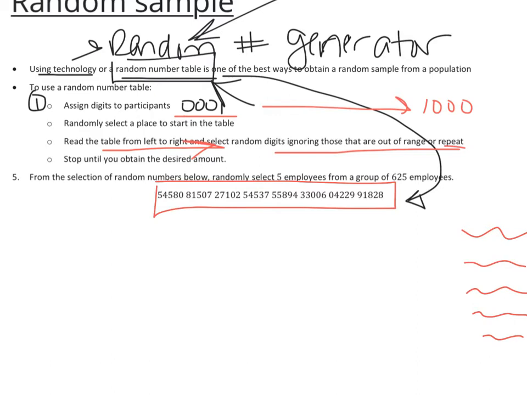So it says select 5 employees out of a group of 625. The first thing I want to make note of is that there are 625 people. So that means my top number is 625, my bottom number is 001, because this represents employee or person number 1. So that's your first step.